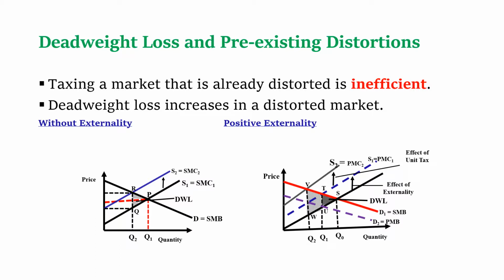The market was already distorted because of the externality, and now you tax the commodity again. It is distorted more. It increases the distortion. So taxing a distorted market is inefficient. Okay?